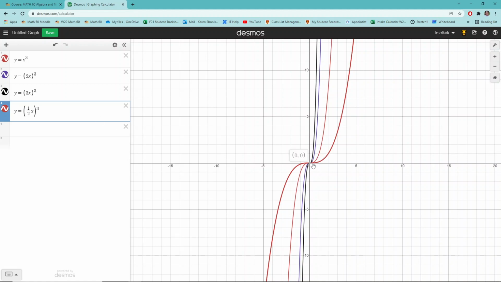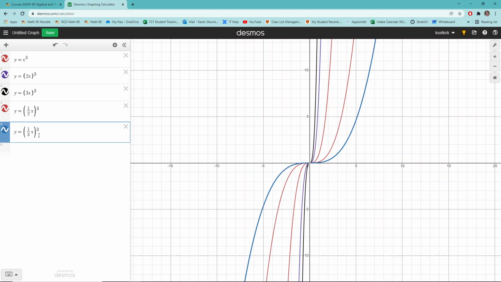So to get this point, something, 1, I actually have to get 2, 1. If I were to put a third in here, let's just copy this. If I was just to change this 2 to a 3, I actually have to multiply my x values by 3 to get that same y value of 1.